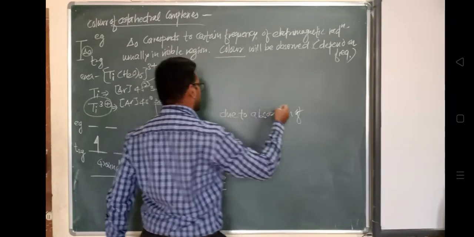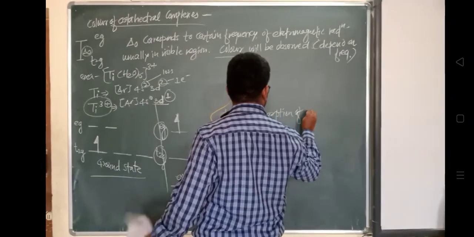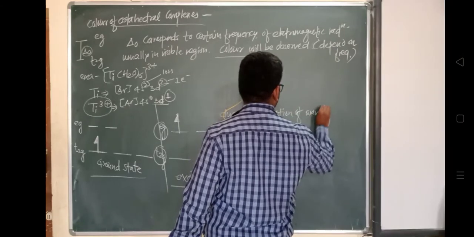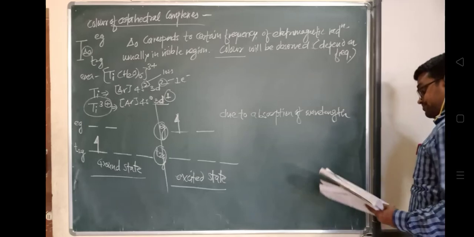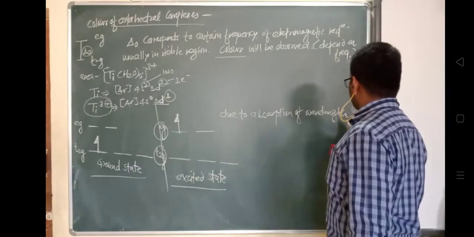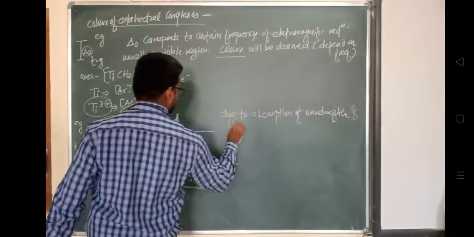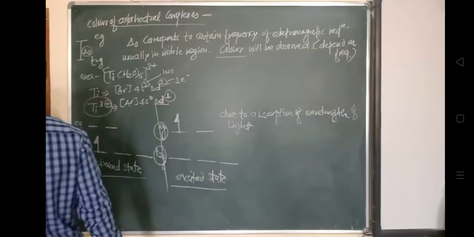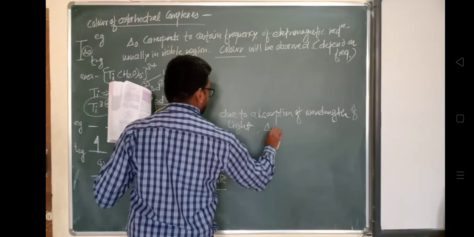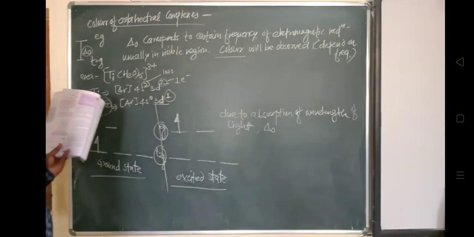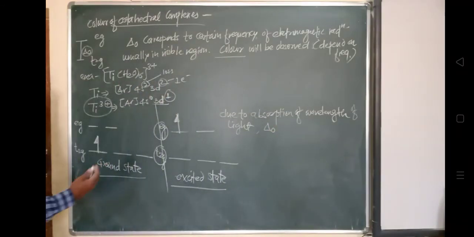The wavelength of light corresponds to a particular frequency, which corresponds to the delta naught parameter and promotes an electron from the T2G level to the Eg level.